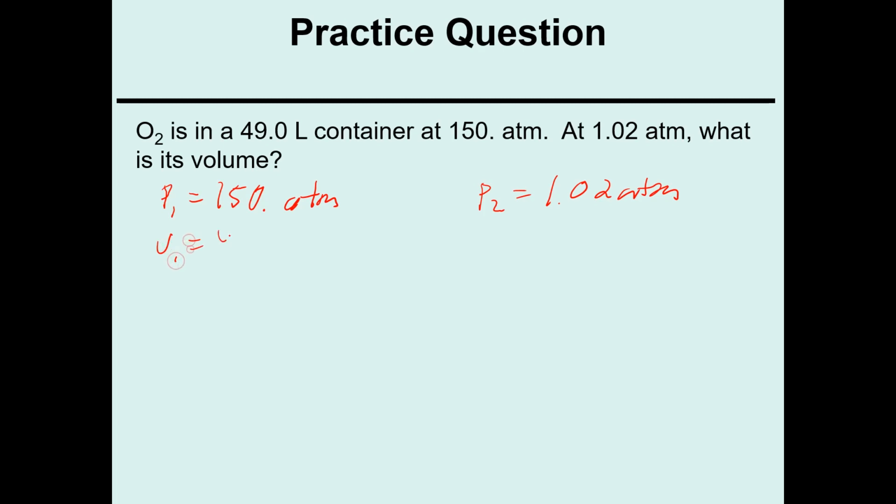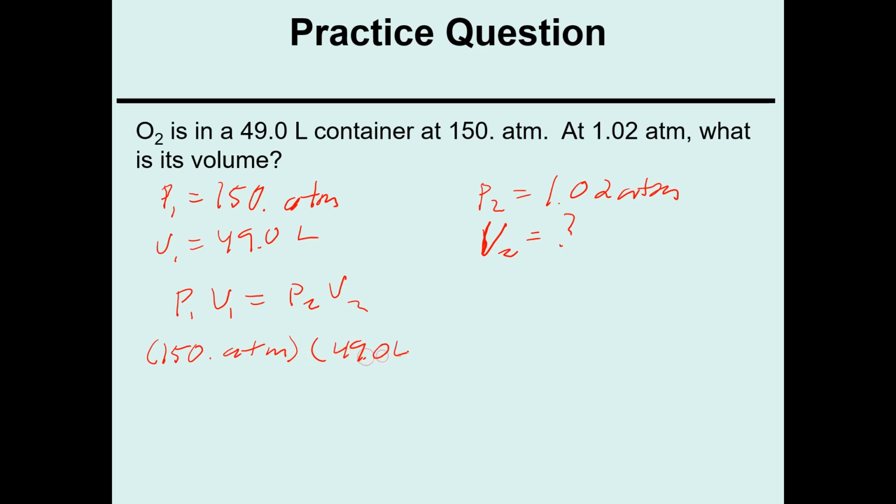V1 is 49 liters, and V2 is what we're trying to determine. So we have P1 V1 equals P2 V2, and P1 is 150 atm. V1 is 49 liters.